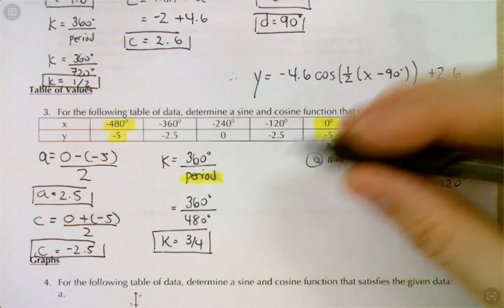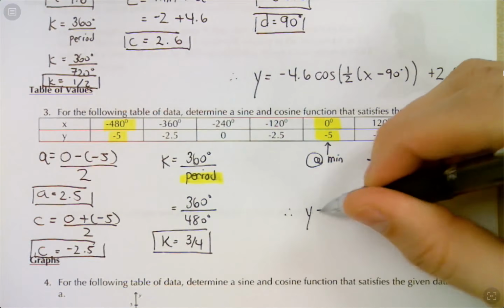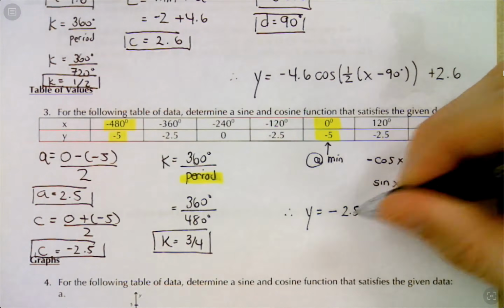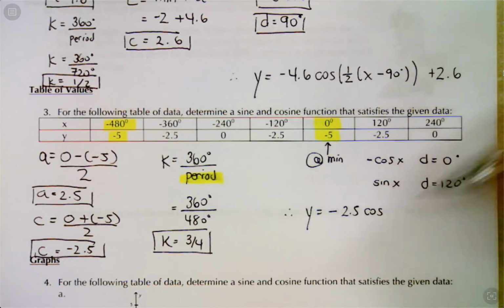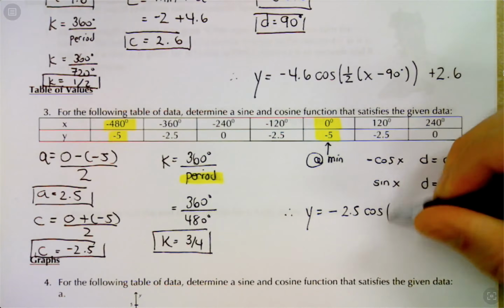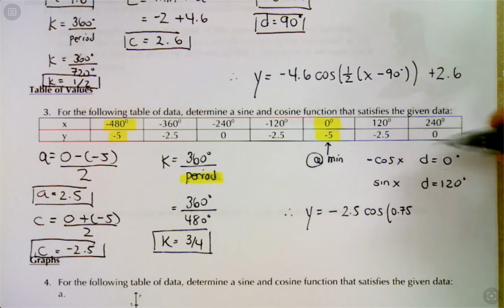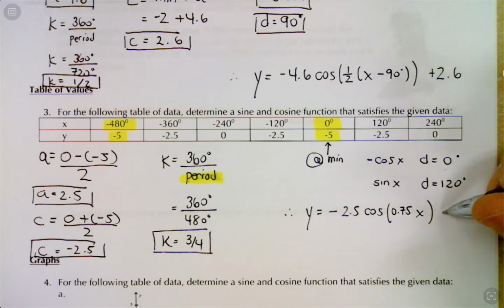All right, so let's write two equations. Start with the cos one, negative cos, so negative amplitude, 2.5. Cos, I'm going to change that to 0.75, so I keep it all decimals. That's our k value, 0.75. And no d, so we don't have to write a common factor. We can just write x, and then minus 2.5.